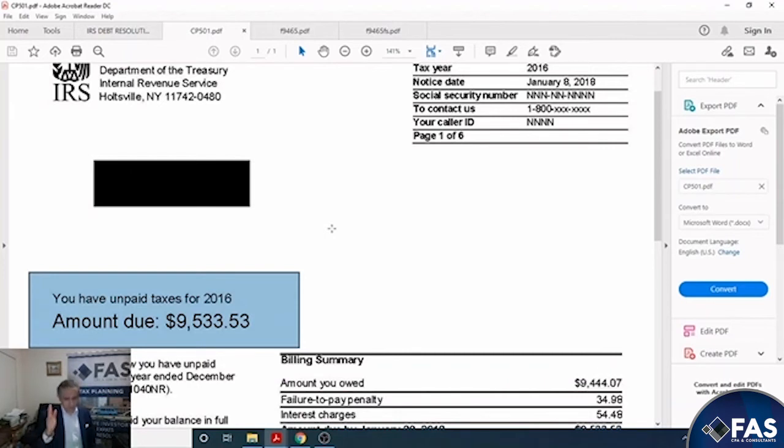So just deal with a qualified professional, an attorney, a CPA, or an enrolled agent, and they will be able to help you clear this problem.